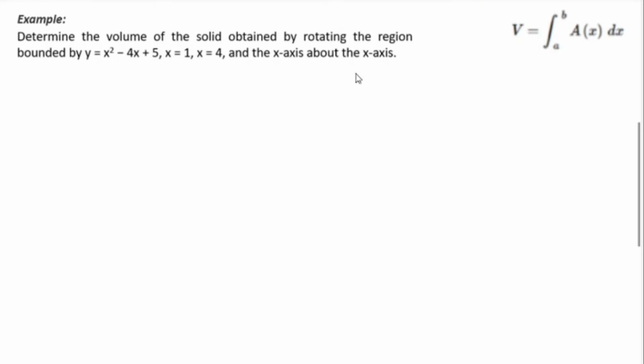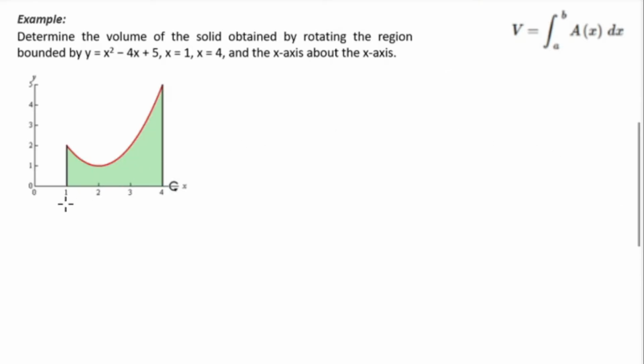So we're using the volume of the solid of revolution, and the formula is volume equals the integral of A(x) dx, the area bounded by the x function, with the limits from a to b, and in this case we have the curve x squared minus 4x plus 5.